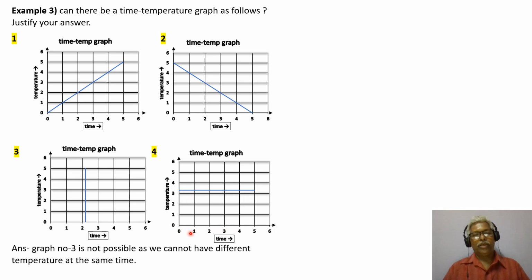If it is in hours, you can have the same temperature for so many hours. So this is possible. So this is the only one which is not possible. So the answer is graph number 3 is not possible, as we cannot have different temperatures at the same time. This is very interesting, and do study such types of graphs.